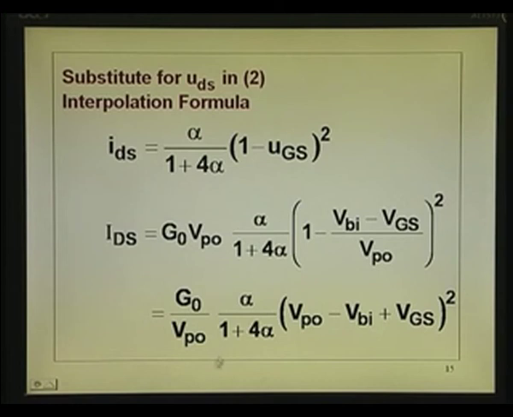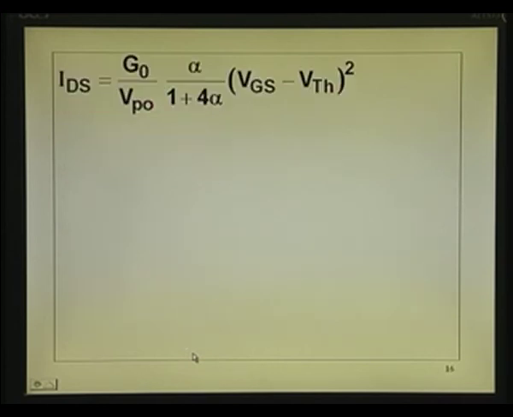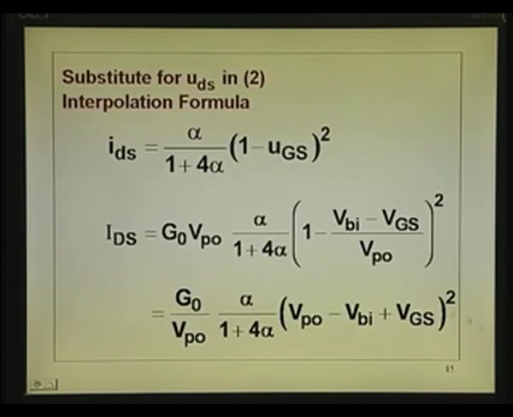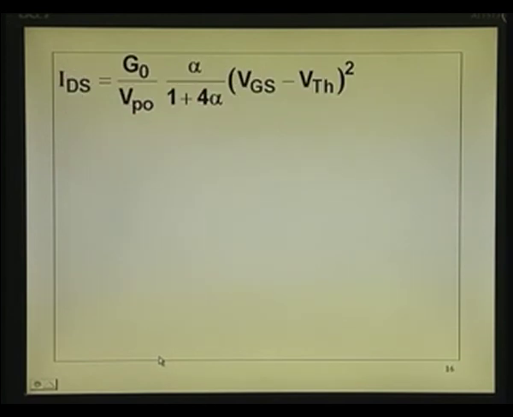Same equation, rewriting this, you get that. I multiply this by 4 divided by 4. What is this quantity? Minus threshold voltage. So, this whole thing is VGS minus VT, whole squared, and this term is 4 alpha by 1 plus 4 alpha, and G0 by 4, if I put, that is that.